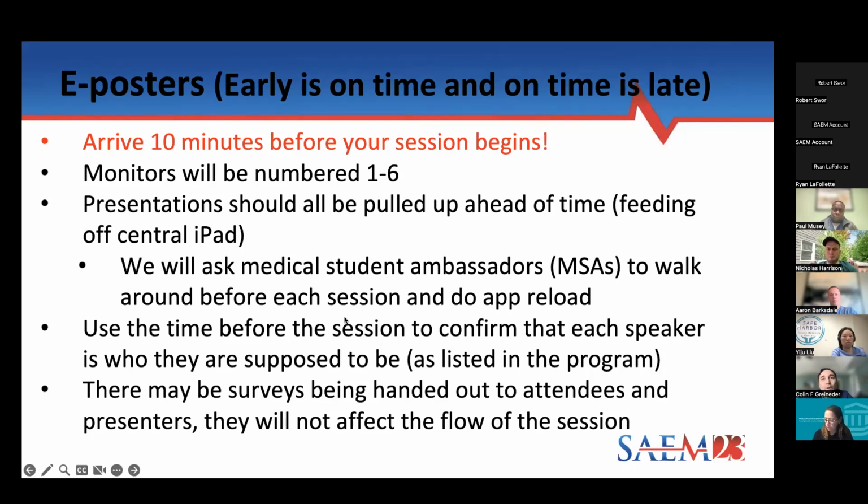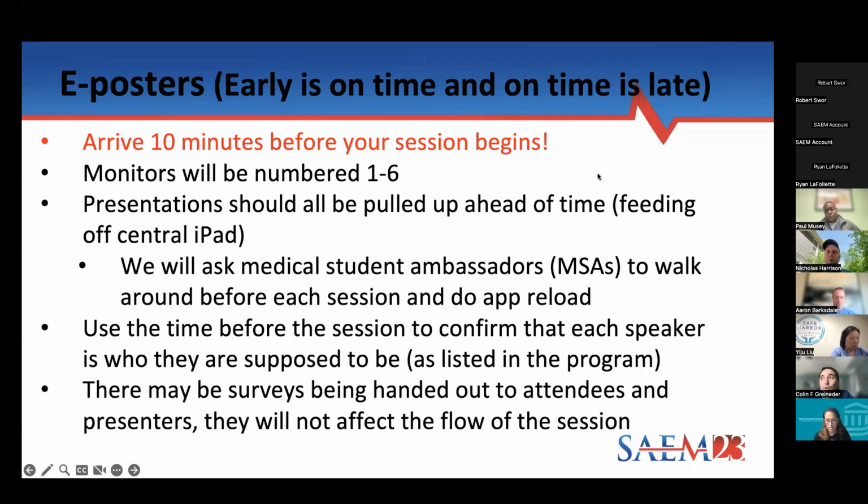One other thing that comes up often is how do we get the posters pulled up on each screen, and what if they're having trouble getting their poster pulled up? That should not be a problem, and that is something that can be managed by your MSA. There will be a central iPad there that all of the presentations will be run off of, that the MSA should have and should be familiar with.